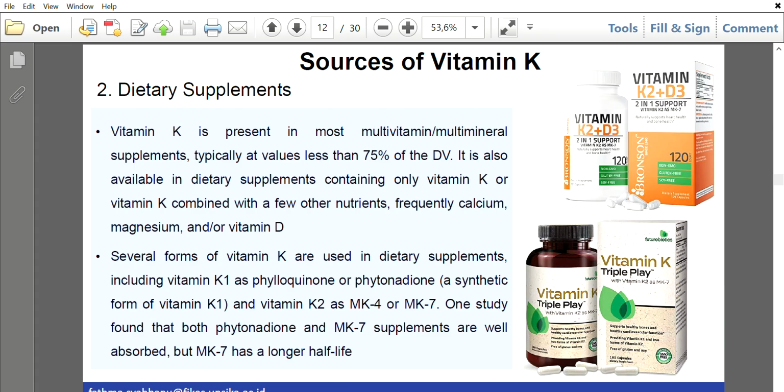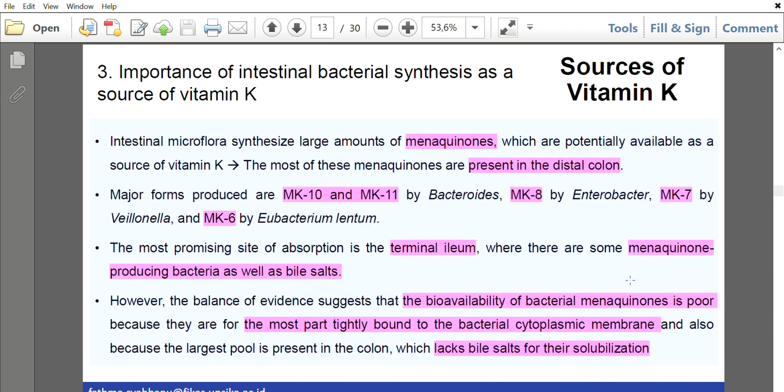One study found that phytonadione and MK7 supplements are well absorbed, but MK7 has a longer half-life. Menadione, which is sometimes called vitamin K3, is another synthetic form of vitamin K, and it is usually used for animal feeds.